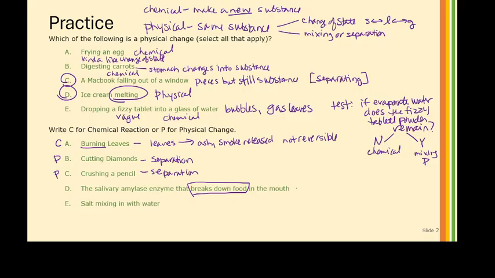I've actually broken bonds, and my body breaks it down into new substances. So this one would be chemical. Salt mixing in with water. Again, mixing, that's what I'm looking for, mixing and change of state. This one's physical.